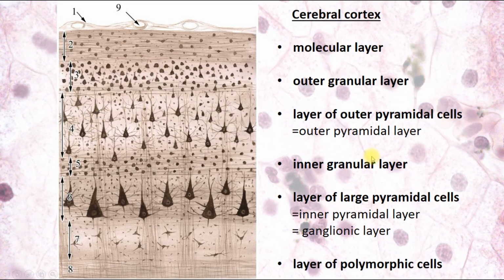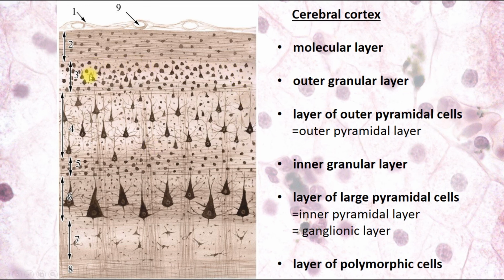So, in some cases, we have very thick outer and inner granular layers and thin pyramidal layers. In some cases, we have the opposite situation. We have thick, well developed outer and inner pyramidal layers and thin granular layers. And sometimes we have intermediate structure. We call those types of cortex granular and agranular types.